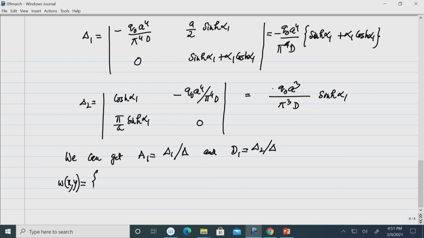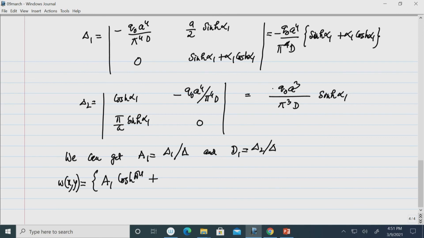So, we will write A1 cosh pi y by a plus D1 into y sinh pi y by a, multiplied by sin pi x by a. So, this is the deflected series, and substitute A1 from here and D1 from here. So, complete deflection is known.